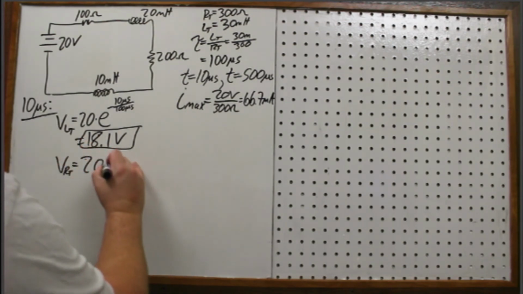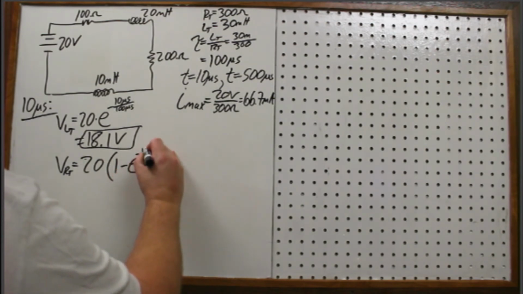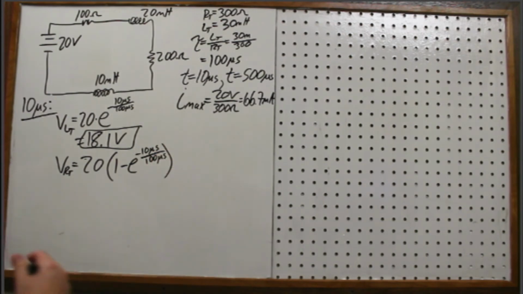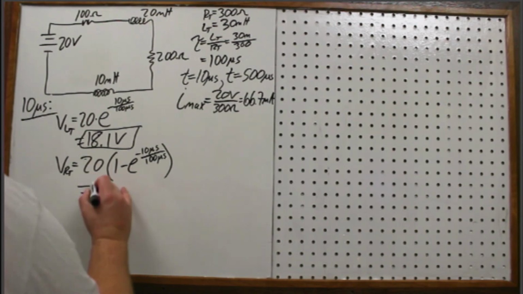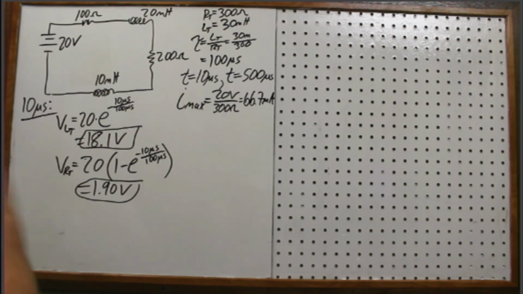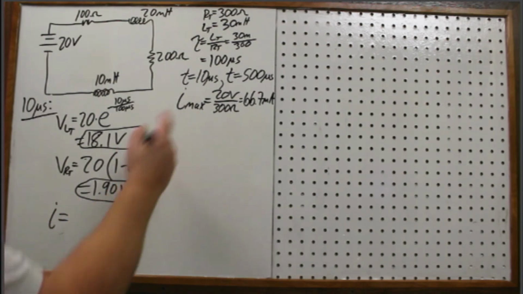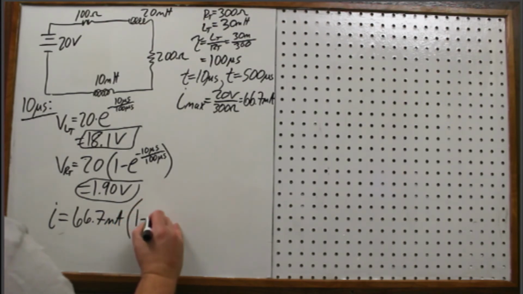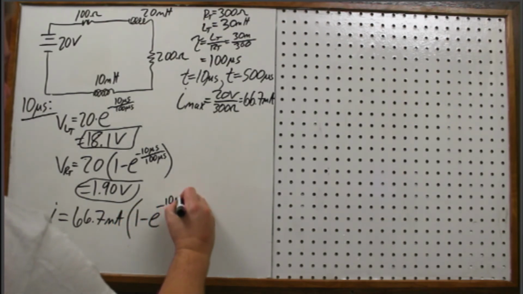18.1 volts. Okay. Voltage on the total resistance: 20 times the growth, e to the negative 10 micro over 100 micro. So 1.90, as you would expect, because both of these have to add up to 20. And now my I, I'm going to use this Imax, so 66.7 milliamps times 1 minus e to the negative 10 micro over 100 micro.